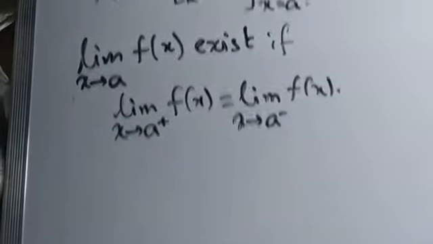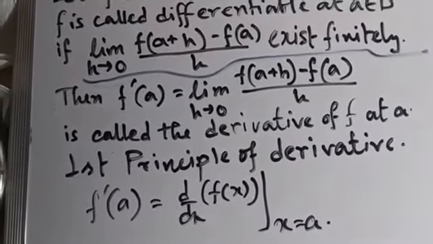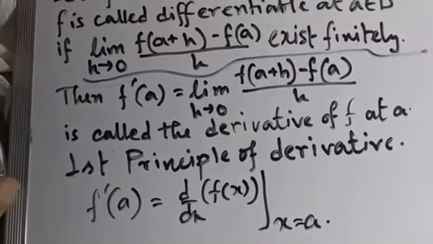So for this first principle, this limit, we can also say there are two limits, that is h tends to 0 plus and h tends to 0 minus.